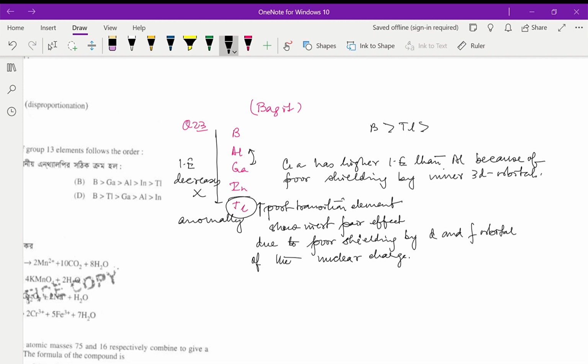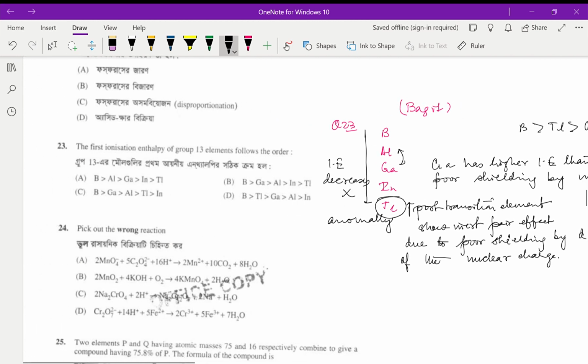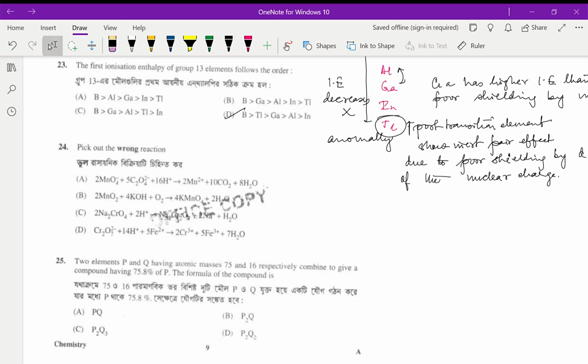So the order is boron, followed by thallium, then gallium, then aluminium, and then indium. So that way our answer out here is going to be D.